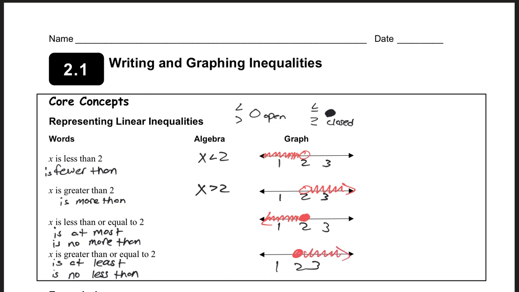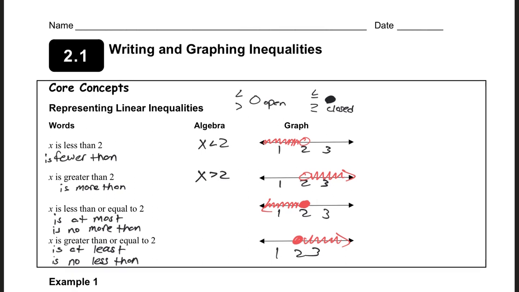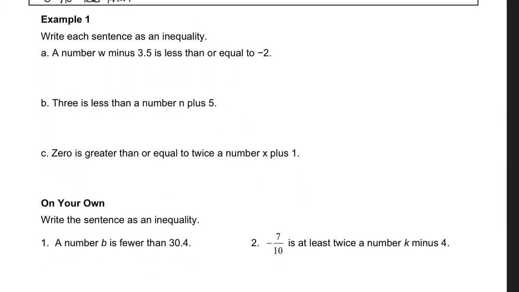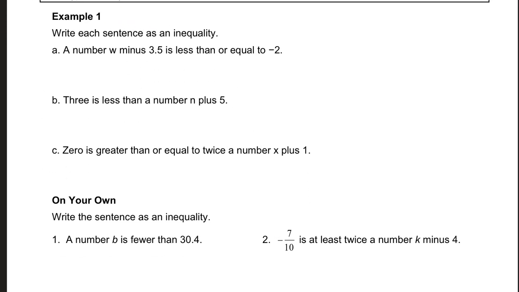All right, let's go to example 1 here. Example 1 is about writing each sentence as an inequality. Let me zoom up here so you can see this. So: a number w minus 3.5 is less than or equal to negative 2.